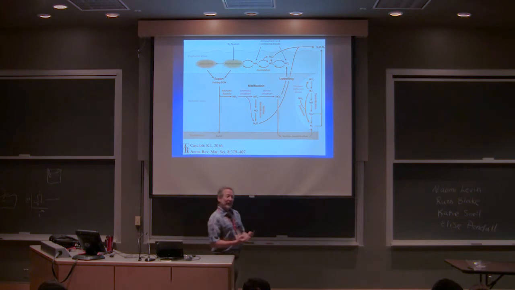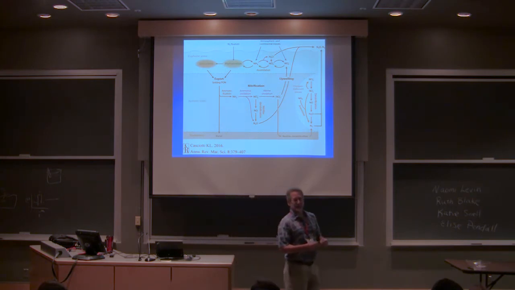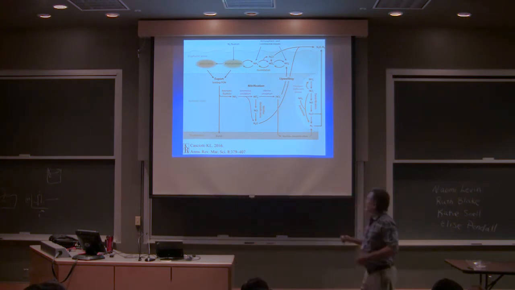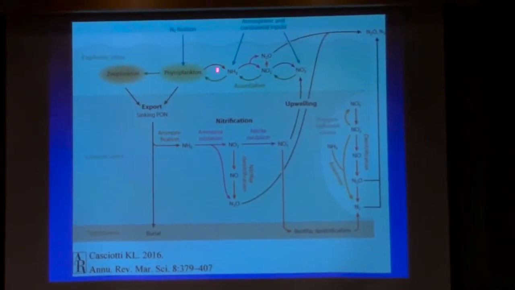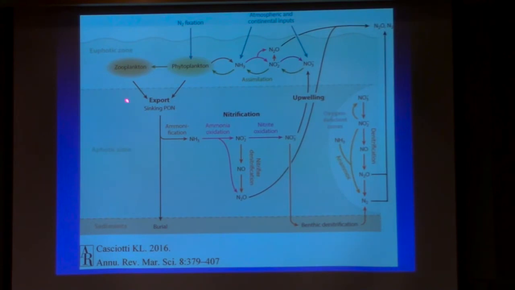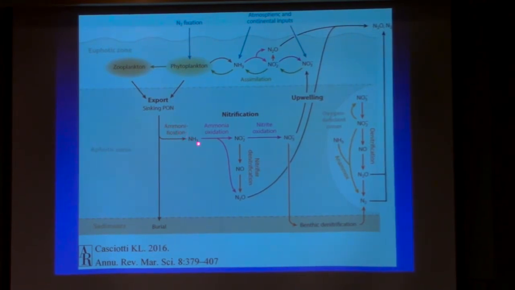The place where these reactions occur within the oceans is different. In the surface ocean, there's N2 fixation, there's assimilation that gets exported. As it gets altered, you produce ammonia. There's oxidation of ammonia to produce nitrate. That nitrate can be denitrified both in sediments as well as in the low oxygen regions of the ocean, these so-called oxygen deficient zones, or ODZs.